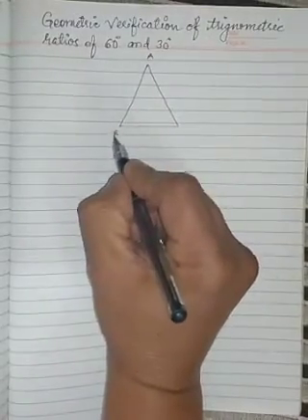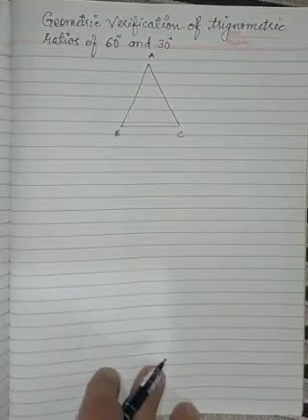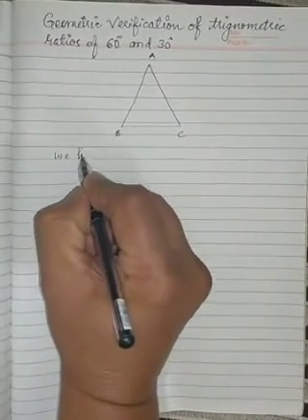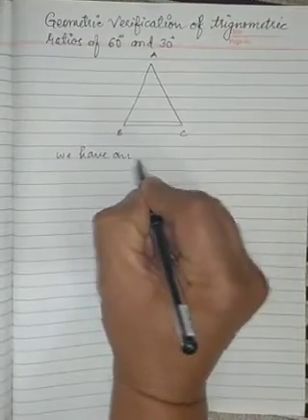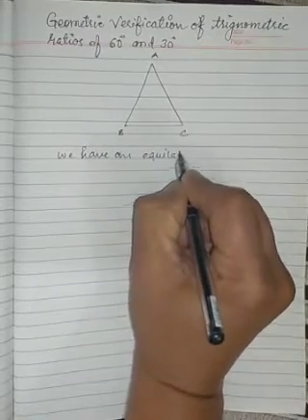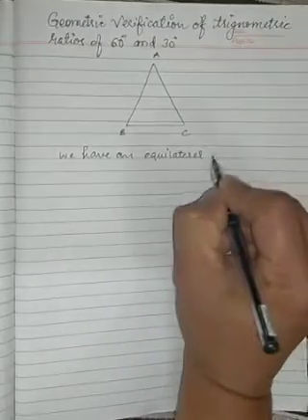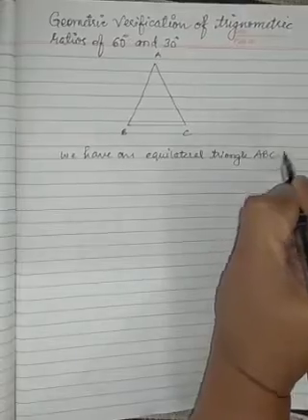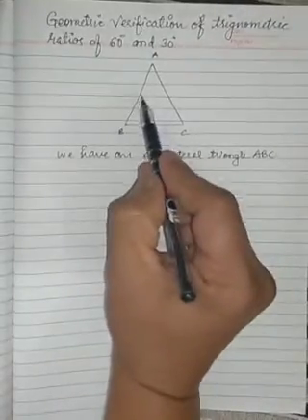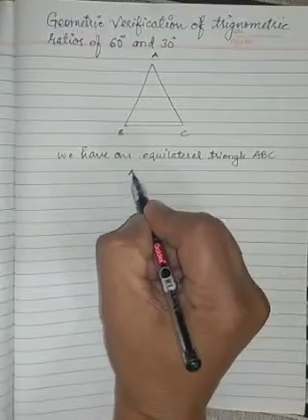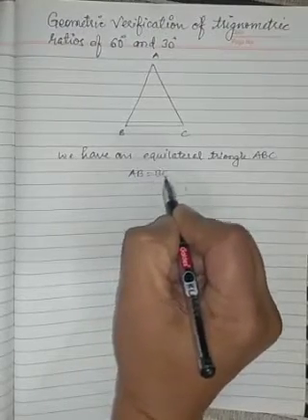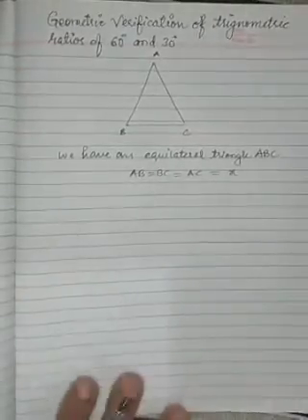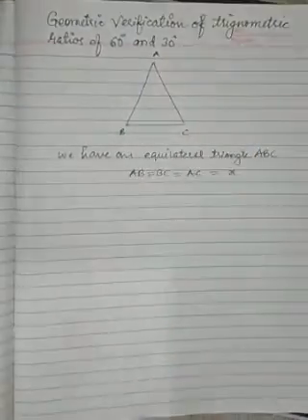ABC is an equilateral triangle in which all three sides AB, BC and AC are equal. Let it be equal to x. All three sides are equal to x.